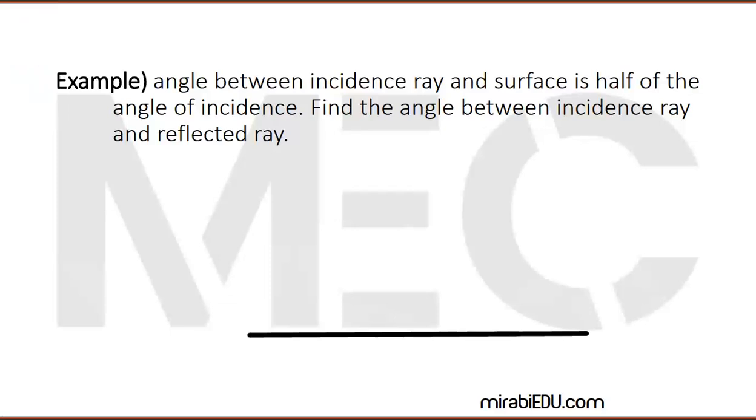Now a ray of light and the normal line, drawn perpendicular to the surface at the point of incidence, and of course a reflected ray of light. So this is the incident ray, this is the reflected ray, and this is the normal line.